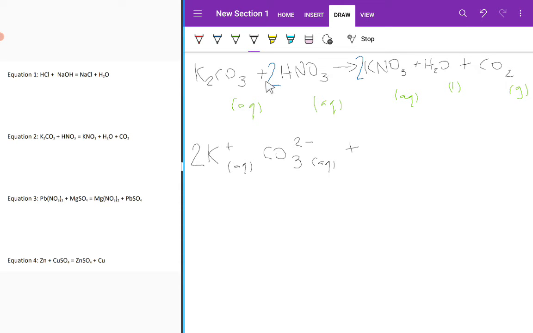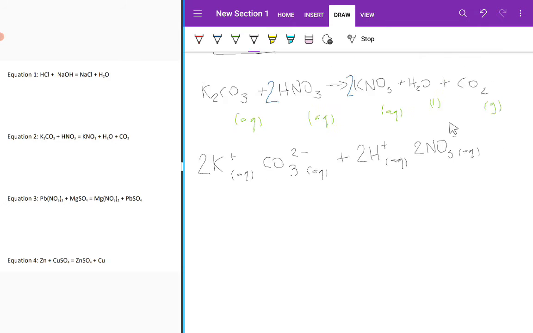For nitric acid, we have two nitric acid molecules, 2H and 2NO3. The 2 here multiplies everything in the molecule. So we need 2H plus aqueous and 2NO3 minus aqueous. Again, remember, do not trouble the formula for the ion.